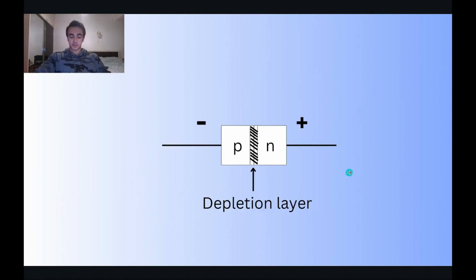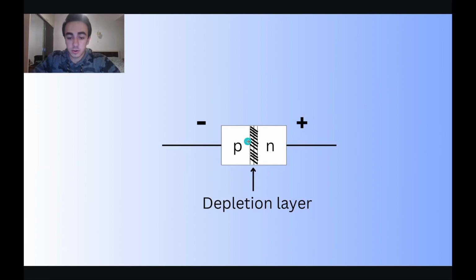So what if we position these p-type and n-type semiconductors together this way? In the area of connection, there is a special layer that is called the depletion layer.